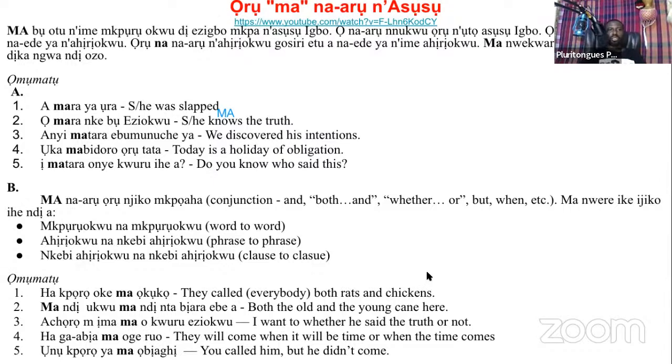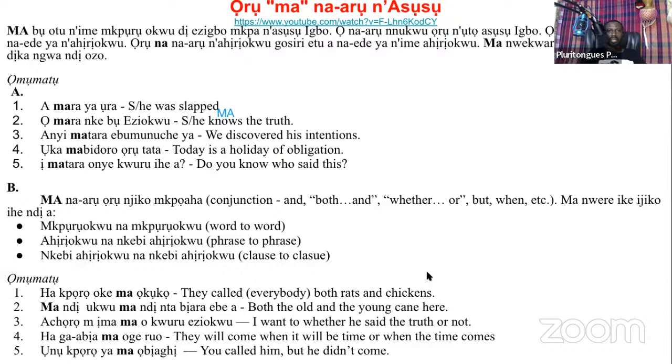Ma bụ otu n'ime mkpụrụ okwu dị ezigbo mkpa n'asụsụ Igbo, which means it's one of the words that is very important in Igbo language. Ọ na-arụ nnukwu ọrụ n'ụtọ asụsụ Igbo. It has so many functions in Igbo grammar. Ọ dị ụzọ dị iche iche a na-ede ya, which means there are different ways you write ma in a sentence.